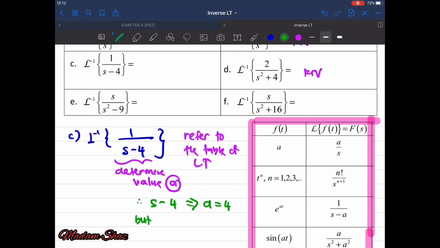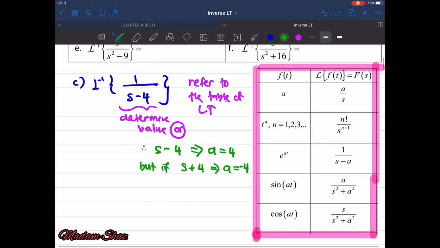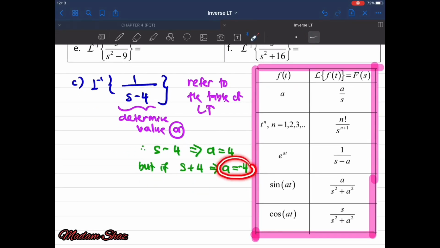But if our bottom side is s plus 4, our a is equal to negative 4. Why is this equal to negative 4? Because s plus 4 here is from s minus minus 4. So that's why our a here is equal to negative 4.